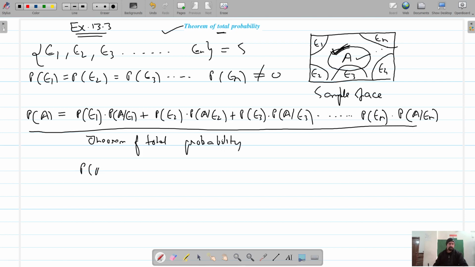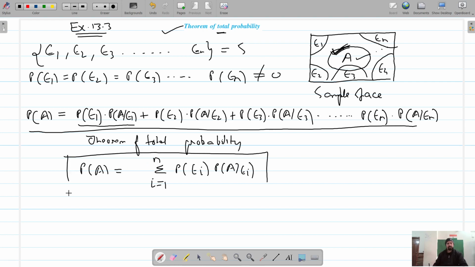And this can also be written as probability of A equals summation from i equals 1 to n of probability of Ei into probability of A given Ei. So this is the theorem of total probability.